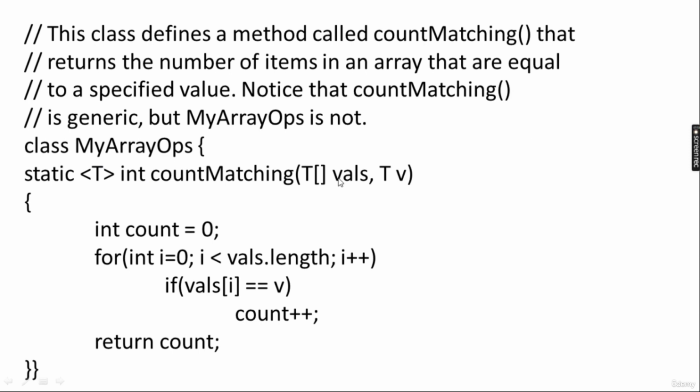If the values array is boolean, the type will always be boolean. If the values array is float, it will always be float. We cannot find a string value in a boolean array, right? So the types must be the same, and for that purpose we have declared this countMatching method as a generic method, so that we can replace T with as many types of parameter as we want.